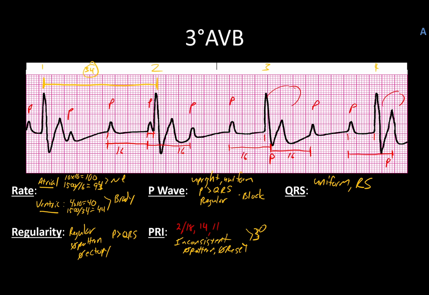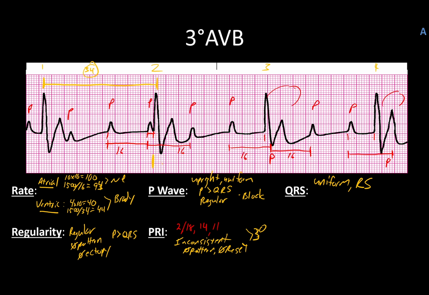My width, if I'm going to measure that, and this is a really good example of how to measure widths using the J point. If I look at the second beat, we can say that the QRS definitely starts right here. And it goes up and it comes all the way down and then it goes up again. And it's really hard to tell where the S wave ends and the T wave begins because it's all just kind of one slurring slope. The only consistent thing I can do is say that at the end of the S wave, where it's nice and sharp, that's the only place I'm certain. As far as I can tell, the rest of it's all T wave because I don't have a true ST segment.